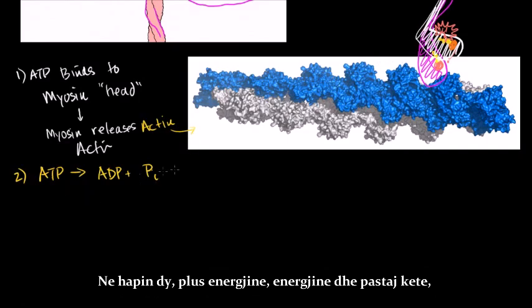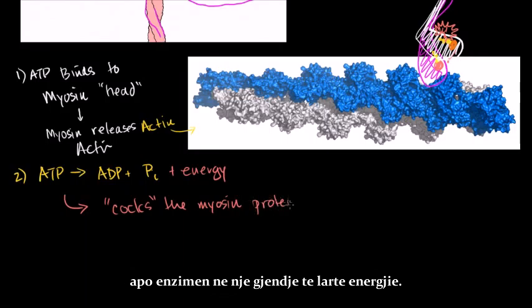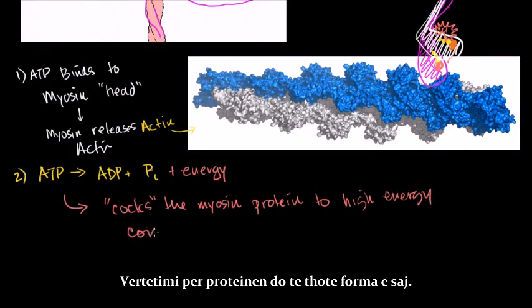So in step 2, plus energy, this cocks the myosin protein or enzyme to a high energy conformation. You can imagine it winds the spring or loads the spring. And conformation for proteins just means shape.